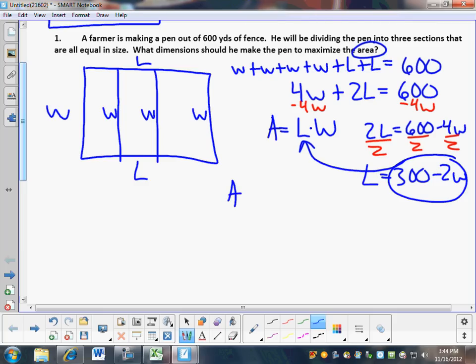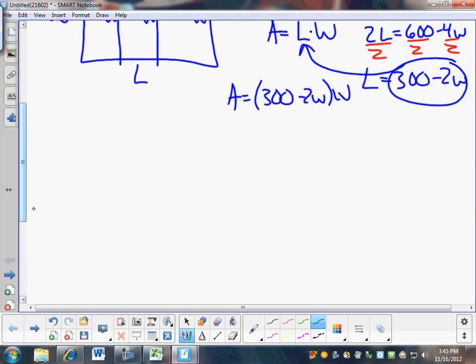So the area is equal to 300 minus 2W times W. If I distribute that W through, the area is equal to negative 2W squared plus 300W.